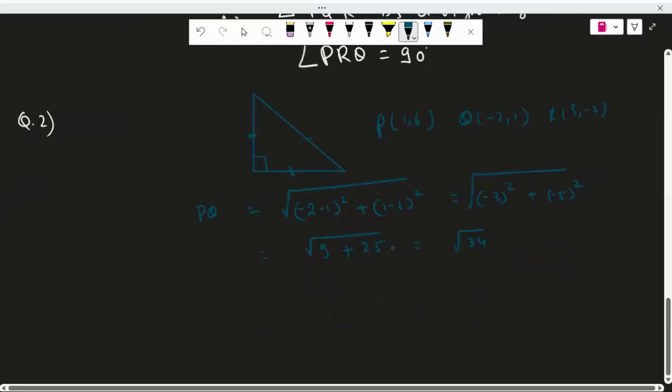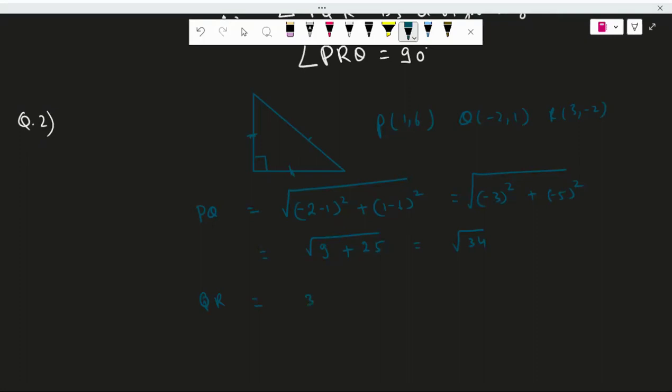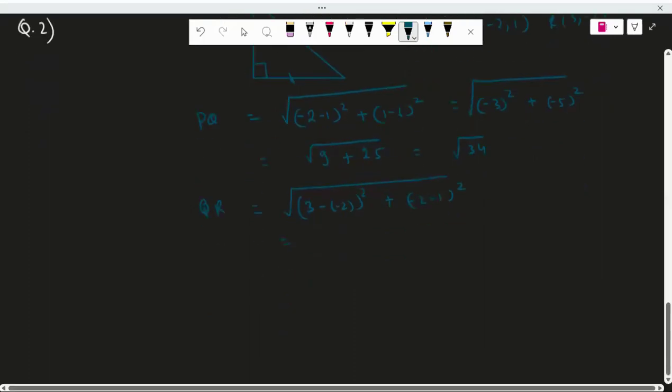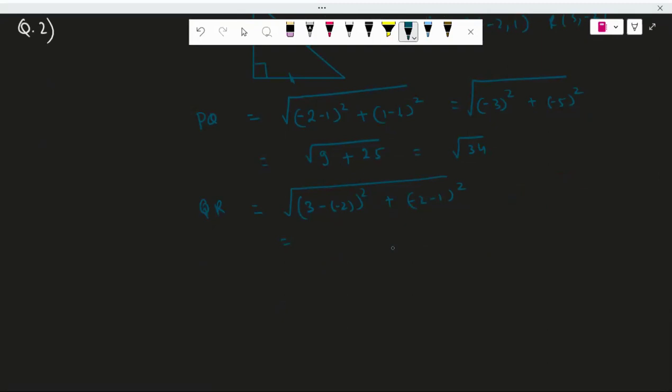And QR is the square root of 3 minus negative 2 whole square plus negative 2 minus 1 whole square. So it gives us 3 plus 2, minus into minus is plus, so it is 5 square. 5 square is 25 and negative 3 square is 9.